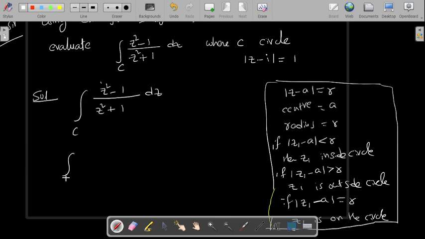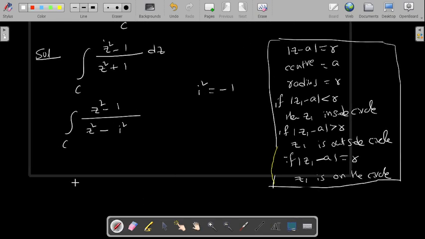Can I write z square plus 1 as z square minus i square? What is i square value? Minus 1. So minus 1 into minus gives plus 1, same as it is. Using a square minus b square equals (a minus b) into (a plus b), we get integral C of z square minus 1 by (z minus i) into (z plus i).